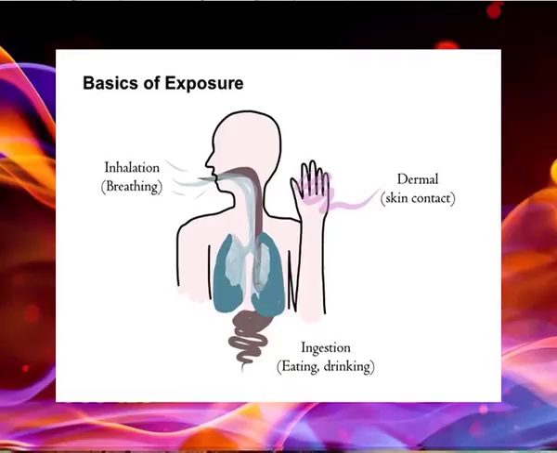Exposure to solvents can occur by inhalation, ingestion or direct absorption through the skin. Of the three, inhalation is the most common form of exposure, with the solvent able to rapidly pass through the lung membranes and then into fatty tissue or cell membranes.